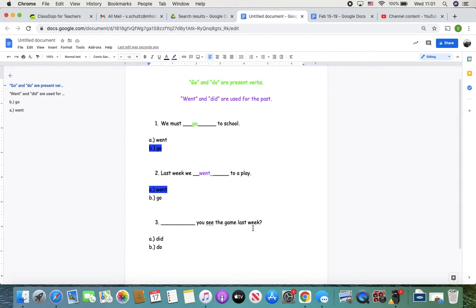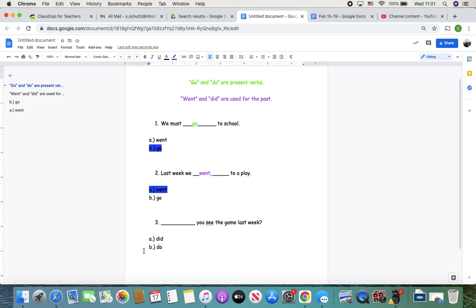Any clues? I'll give you 5, 4, 3, 2, 1. Last week. That's a big clue that we're going to be using a word that talks about the past. And our past words are went and did.